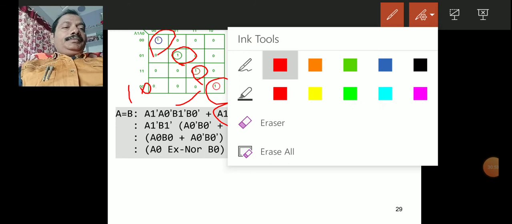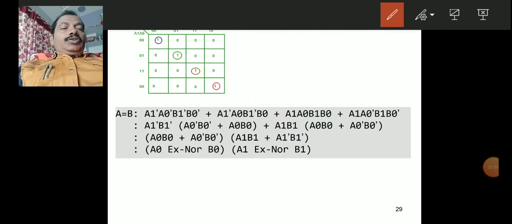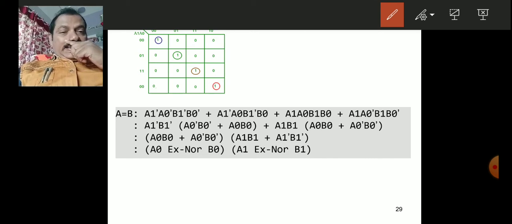Similarly, once we get the expressions, apply the Boolean laws, because with the K map it is not possible to simplify them.